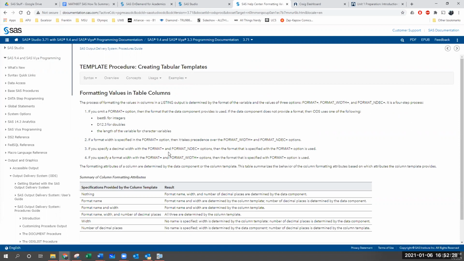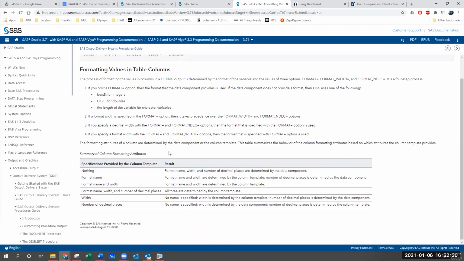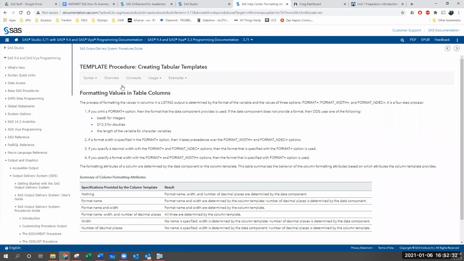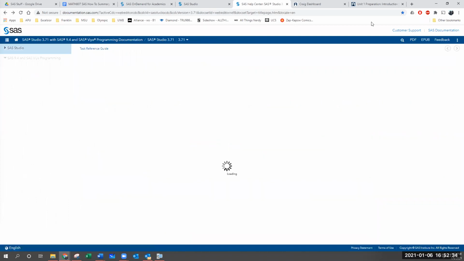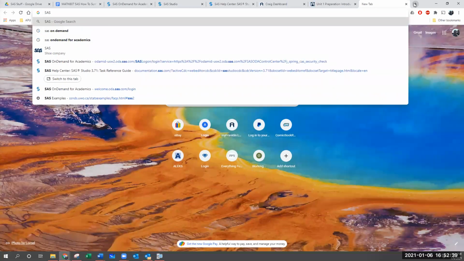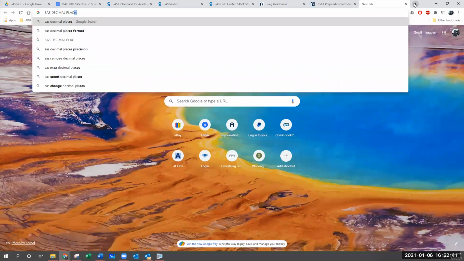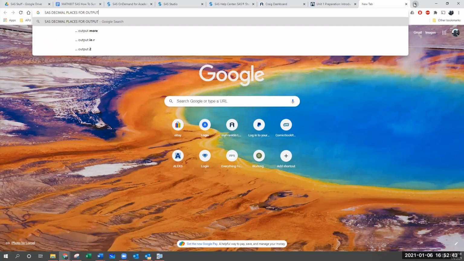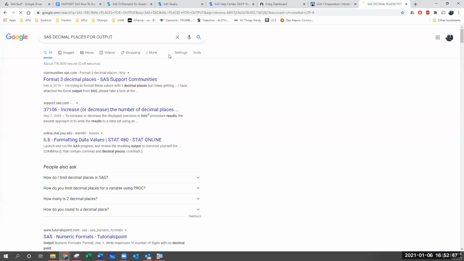I can't remember what the specifics are, but there is a way. Oh, this looks like it just formats the table itself and not the decimals. But you can also just go to Google and say, like, SAS decimal places for output. There you go, format 3 decimal places, which will show me exactly how to do it.